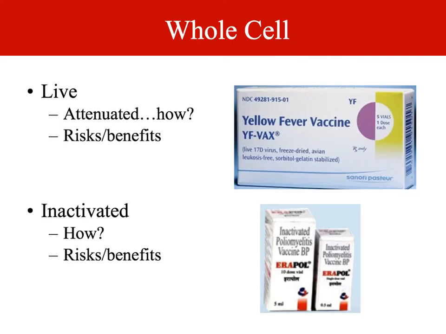The risk to them, of course, is that you're injecting somebody with a live pathogen. If a person has a particular immunosuppression, that's not good. You don't want to give them that. If a person also happens to share a household with a person who is immunosuppressed, they can shed their live vaccine strain for a few days.